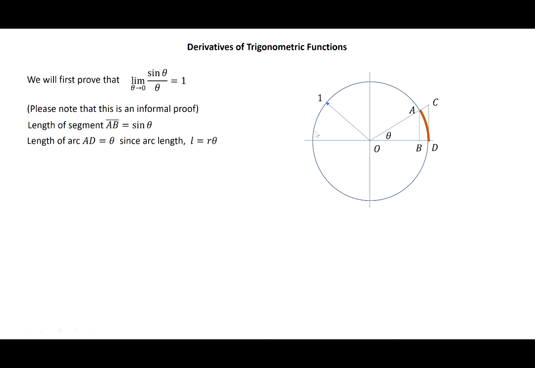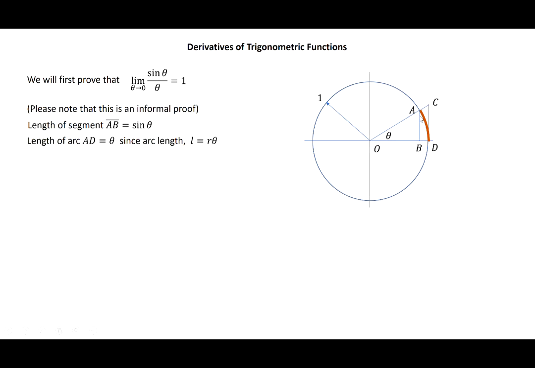Next, the length of this arc AD, I'm claiming, is equal to theta. Where do I get that from? There is a formula: the arc length L of a circular arc is the radius times the angle subtended by that arc.